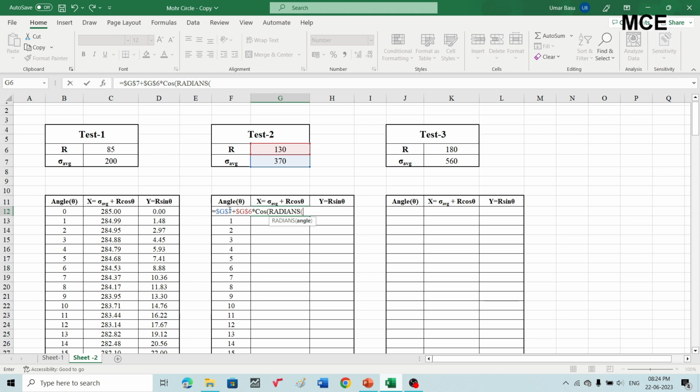This has the row number of F12, so write F12, close the bracket and press enter, and you will get the x coordinate for the first angle for test 2.